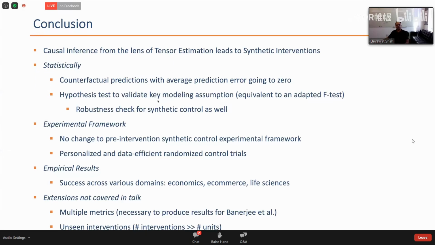In this talk, I told you about the method of synthetic intervention, which is statistically meaningful under a tensor factor model. There is a nice hypothesis test. We looked at a bunch of experimental case studies, primarily in policy evaluation. I didn't discuss two other case studies that we have, one in large e-commerce as well as life sciences. I'm happy to respond offline, and the paper on arXiv also describes that.